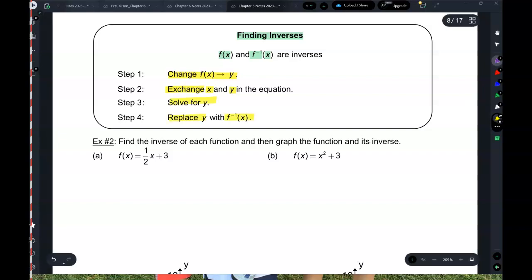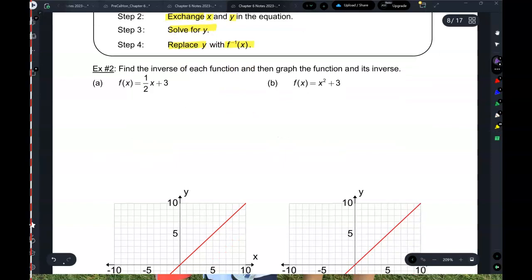Let's just do it. Here I have f of x equals one half x plus 3. First, rewrite it. Another name for f of x is y, so just write y equals one half x plus 3. No math is being done in this first step. Now you have to exchange the x and the y, so this is x equals one half y plus 3.